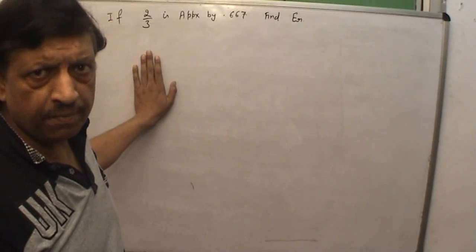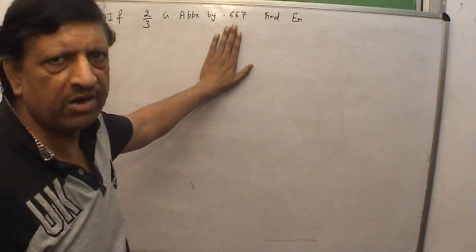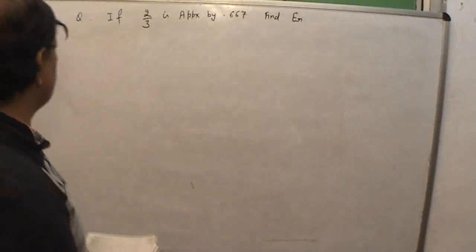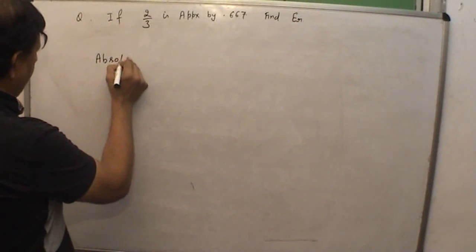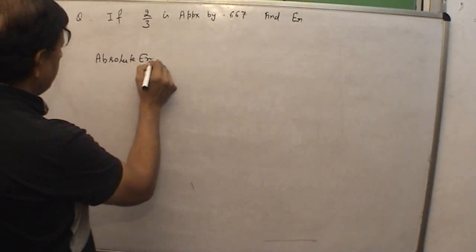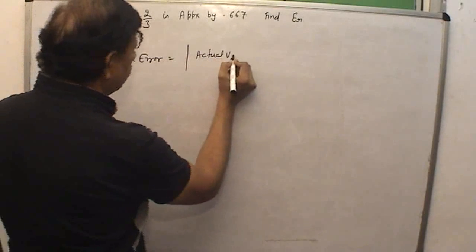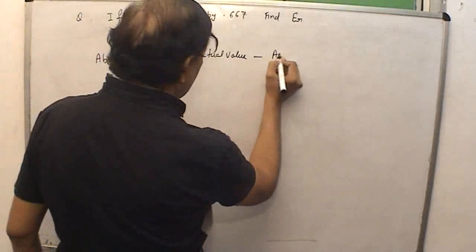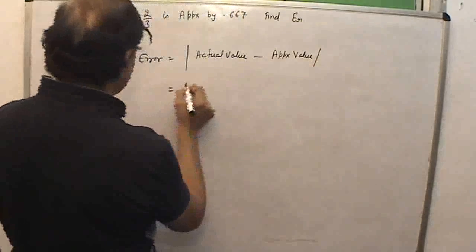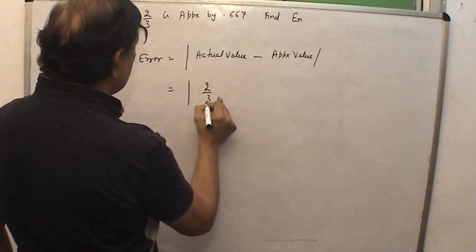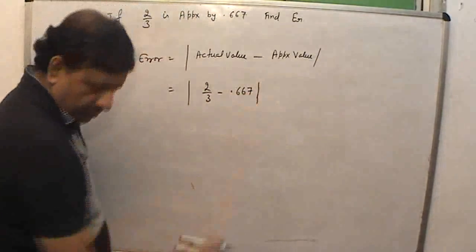But at some place we will have to stop it. Say it is 0.667. Now first of all we find the absolute error, that is equal to actual value minus approx value. That is equal to 2 by 3 minus 0.667.